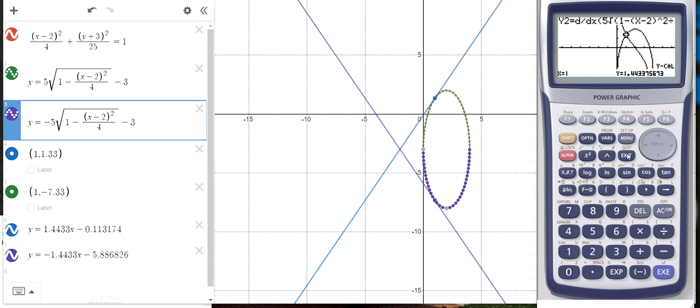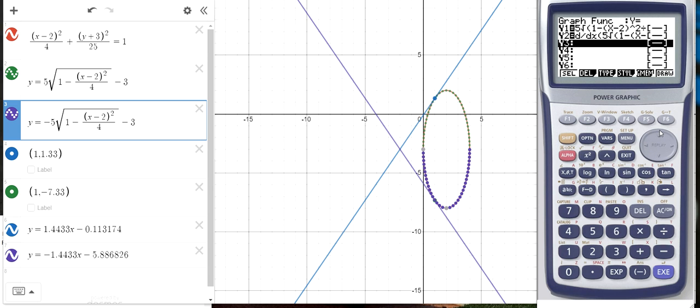We need to do the same thing for the bottom part. So I exit that and change the signs. This one is going to be minus, execute. The other one is going to be minus as well, so we're doing minus 5.